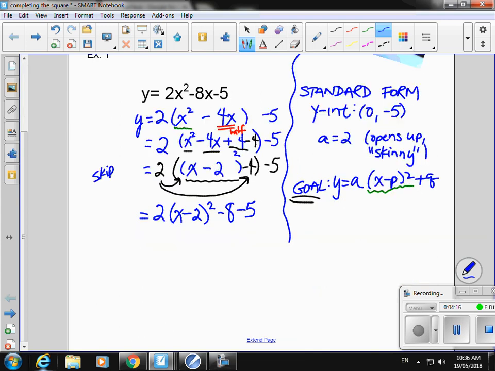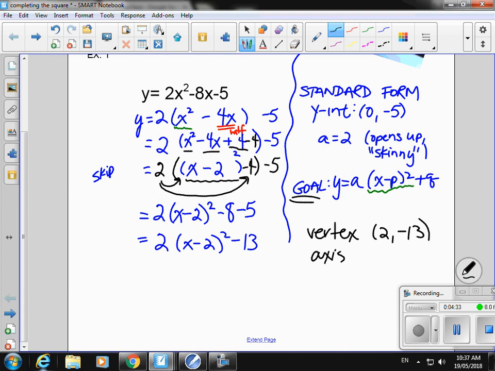We are so close to the look that we're aiming for. 2 times x subtract 2 squared, subtract 13. Now I know the vertex. The vertex is 2, negative 13. That means my axis is x equals 2. I know whether I have a max or a min. This one opens up, so I have a minimum value of negative 13.